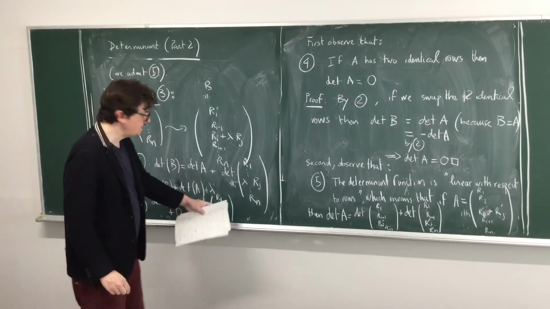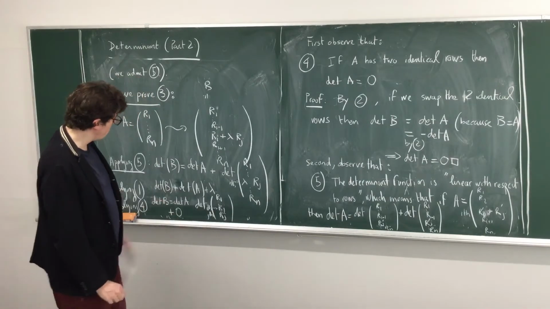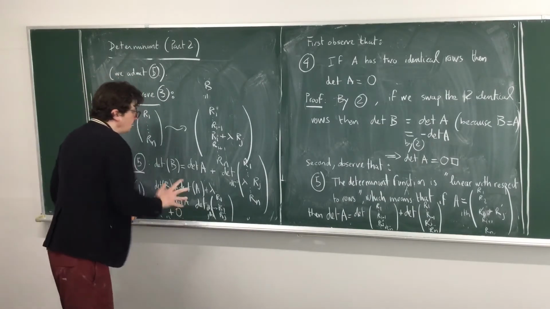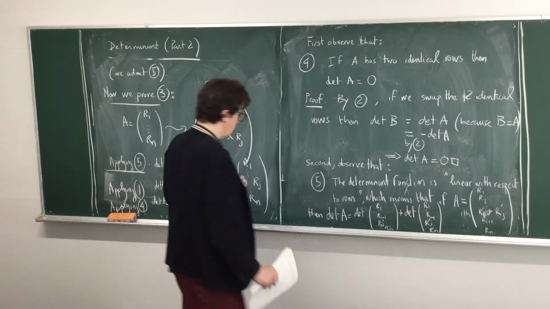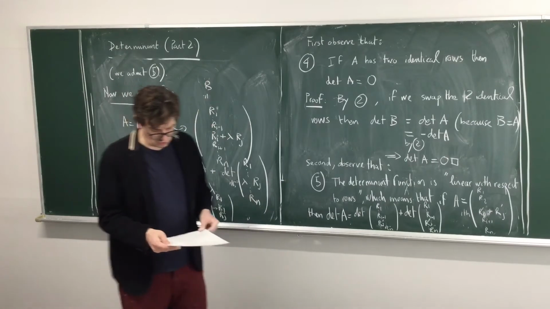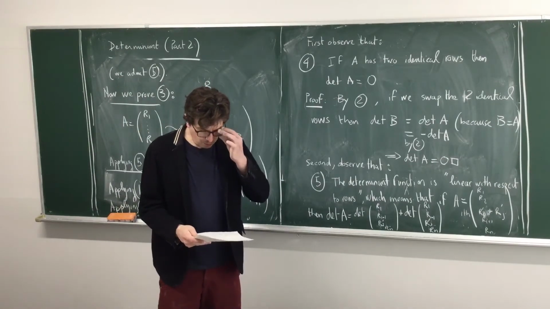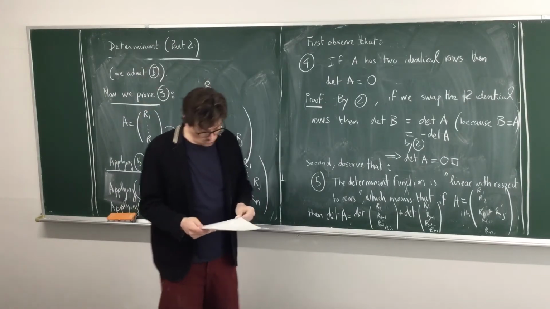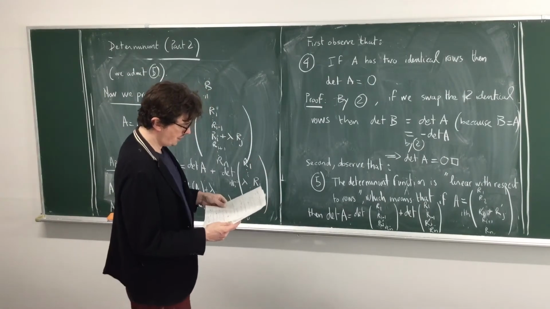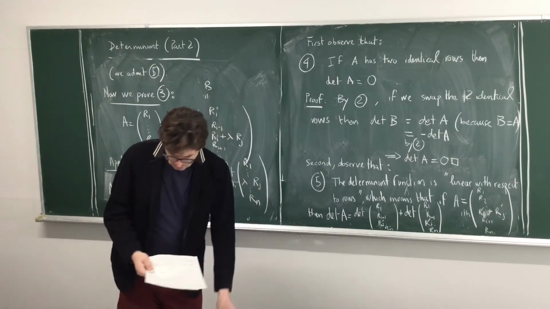So this is necessarily 0 because I have two rows that are identical. Okay, so this is a sketch of proof that when you do this difficult operation where you replace a row by a multiple of another row, the determinant strangely is not modified. So this is the explanation actually of these nice properties.